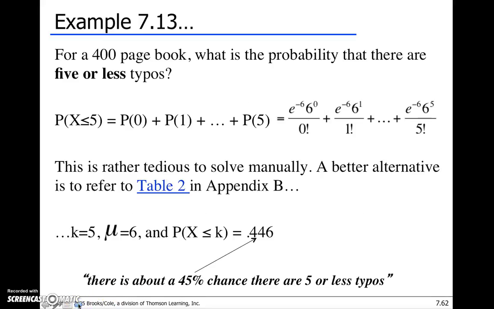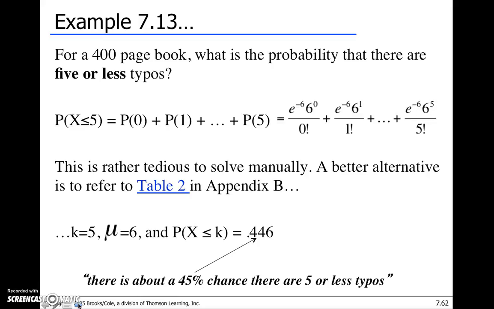For a 400-page book, what is the probability that there are 5 or fewer typos? Since it's countable or discrete, you would use fewer instead of less.